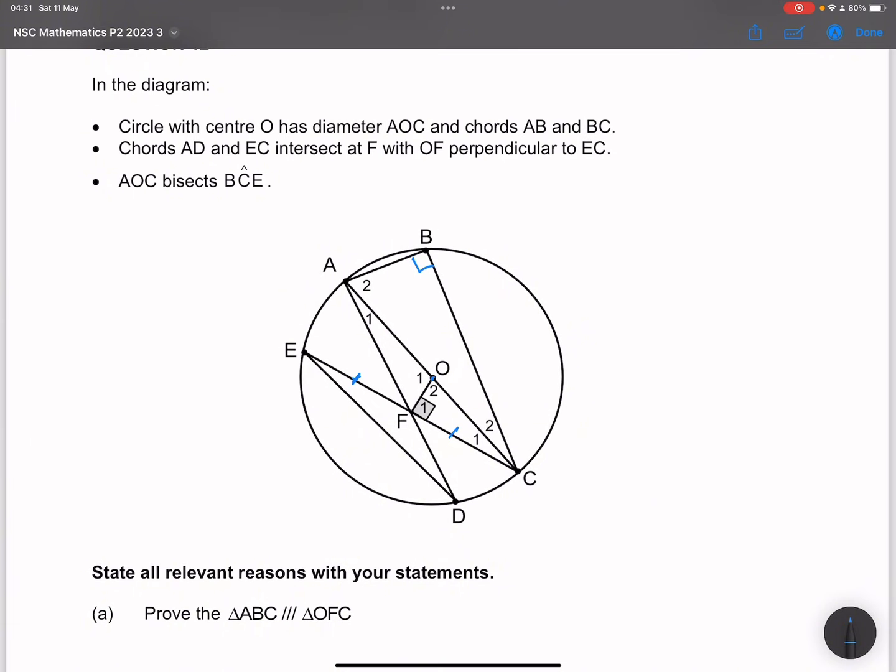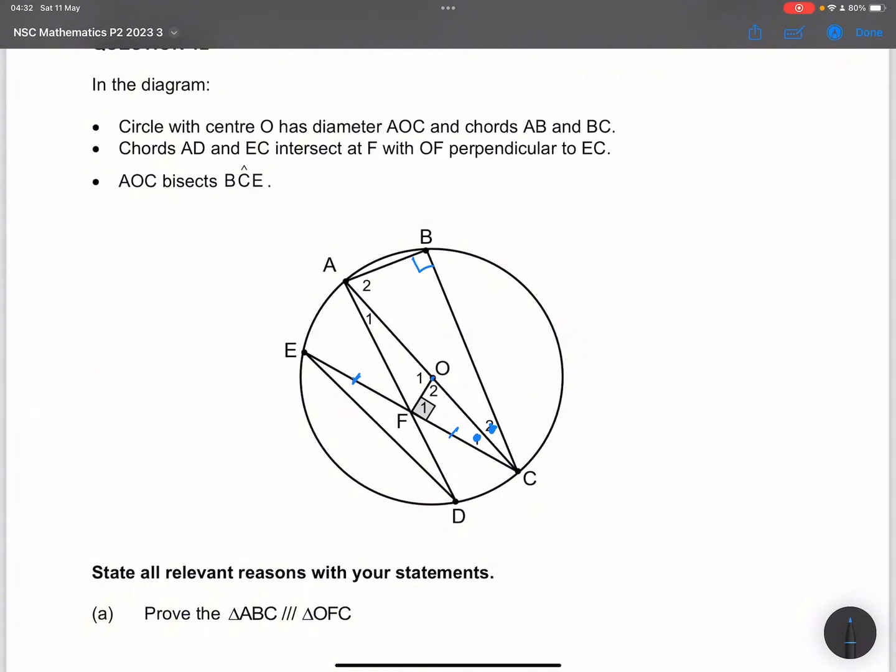Now let's look at the next one. They say to us AOC bisects angle BCE, so angle C1 must be equal to angle C2. We have to keep that in mind.